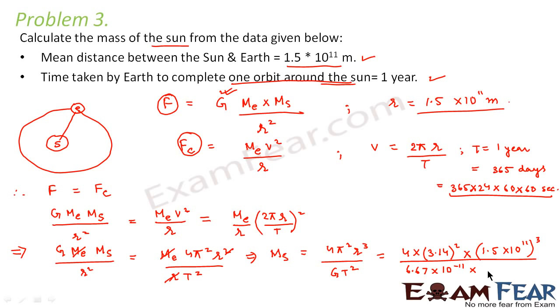What is t? t is equal to 365 into 24 into 60 into 60 whole square. Now calculating this value, we get 2 into 10 to the power 30 kg. So therefore, the mass of the sun is equal to 2 into 10 to the power 30 kgs.